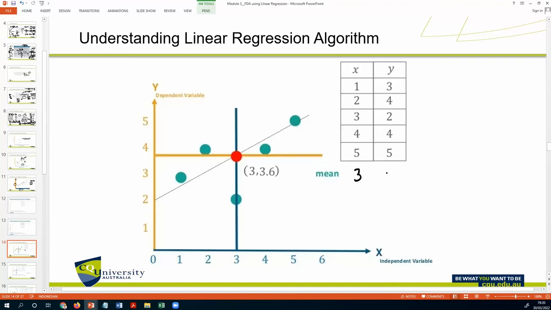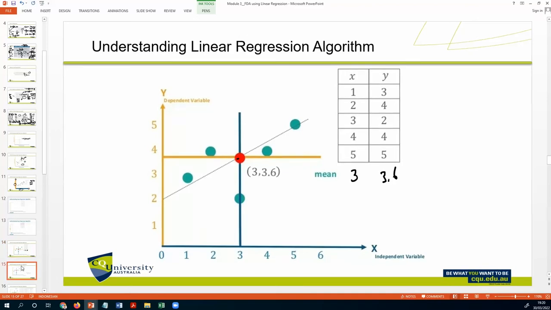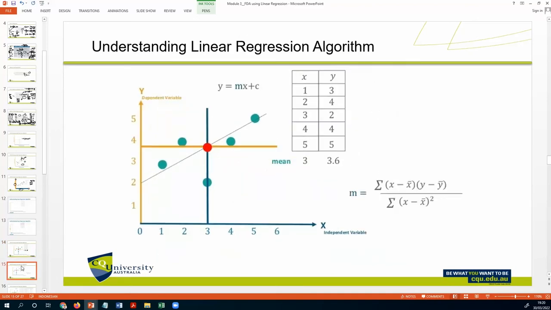So the mean will be 3.6. This is the centroid of the data. The centroid. Yeah? So we would like to calculate the beta, the M. So M is the beta here.